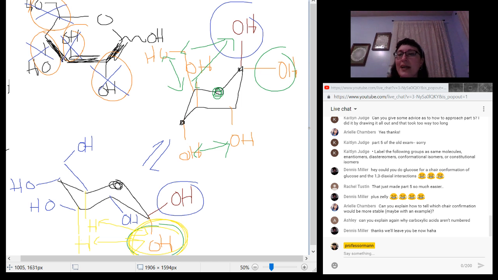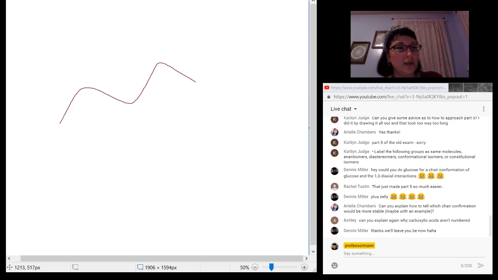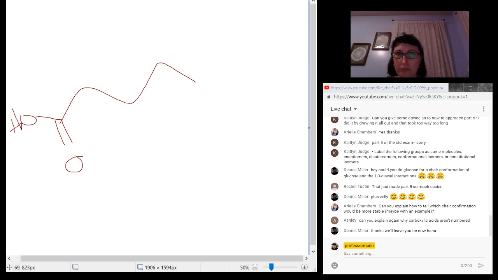And actually, carboxylic acids aren't numbered, as are not aldehydes, because they are always, by definition, at carbon 1. So you can't have a carboxylic acid in the middle of a molecule, right? So if it's part of the parent chain, it's going to be on the outside.